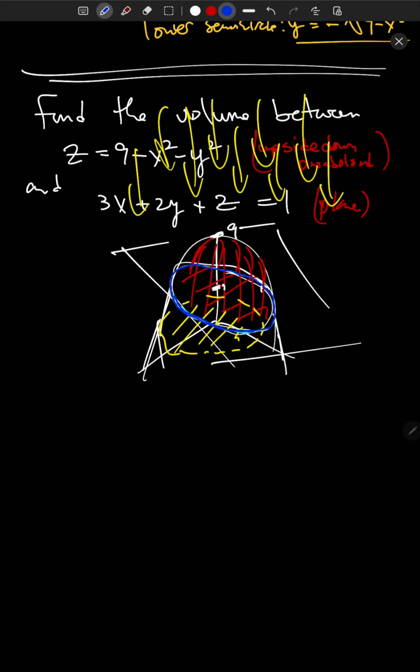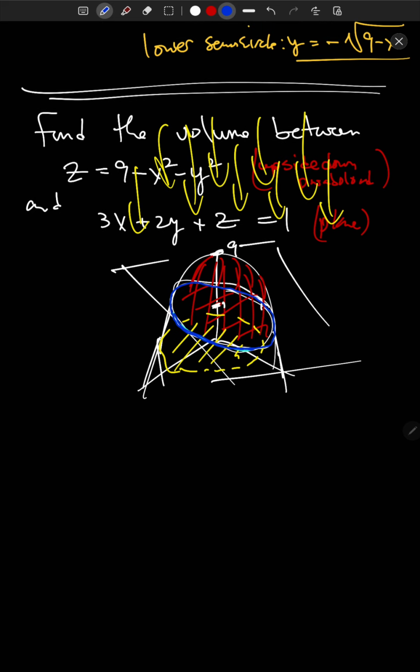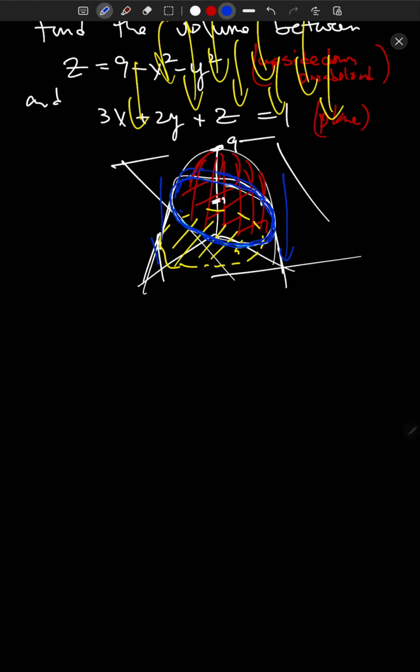The sun to the left here is going to shine right through, and the sun to the right is going to shine right through. But everything inside this intersection region is going to be blocked by our region. So whatever the shadow of this guy is, that's going to determine the boundary of my region.